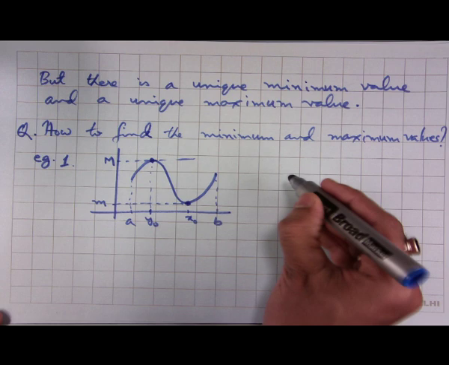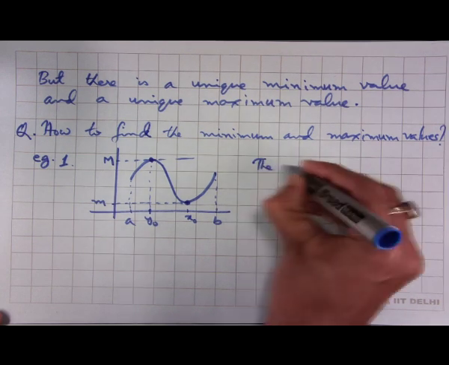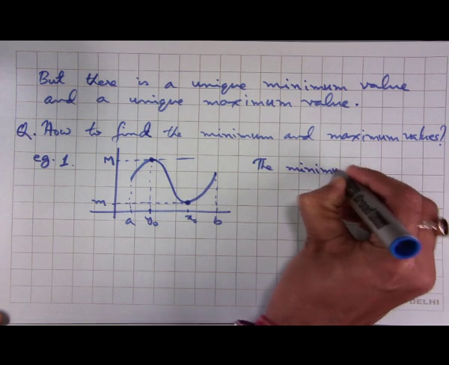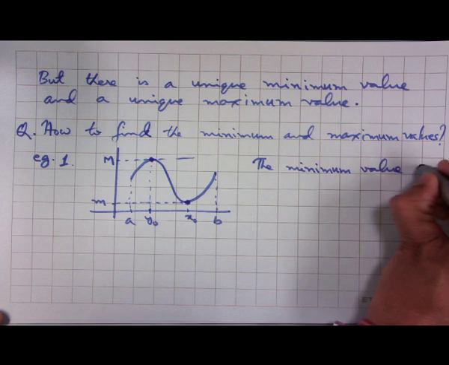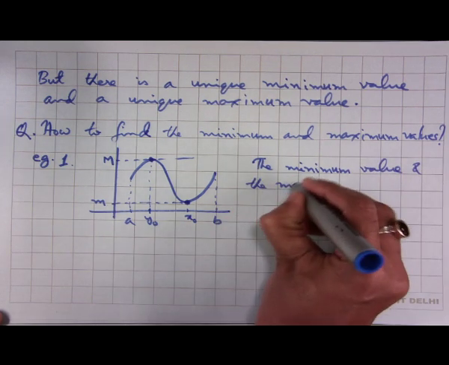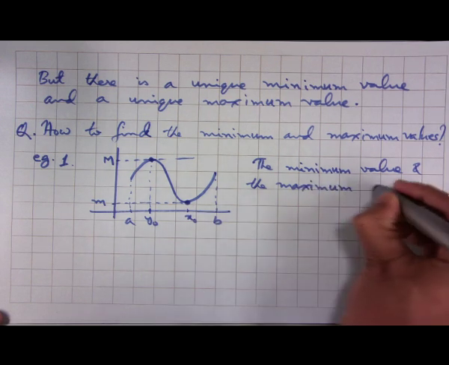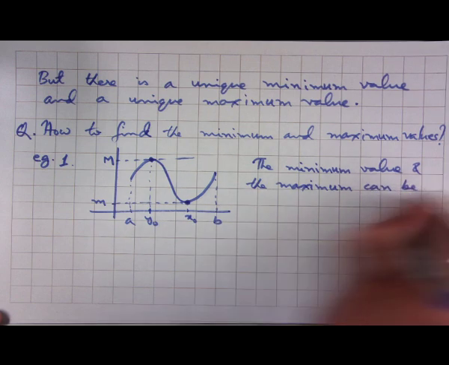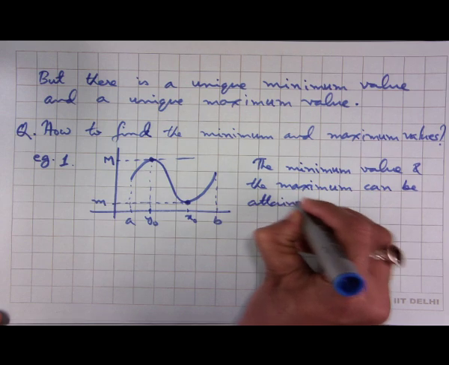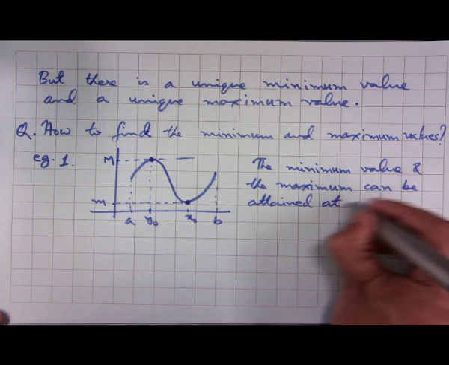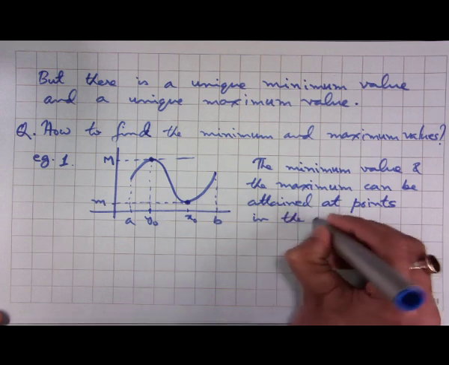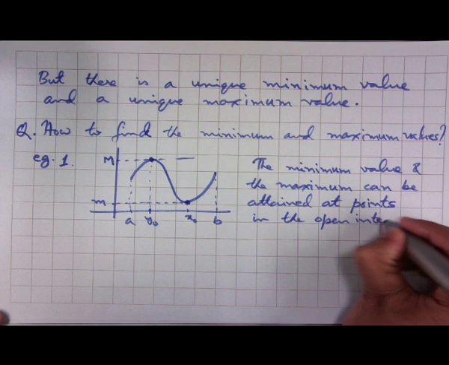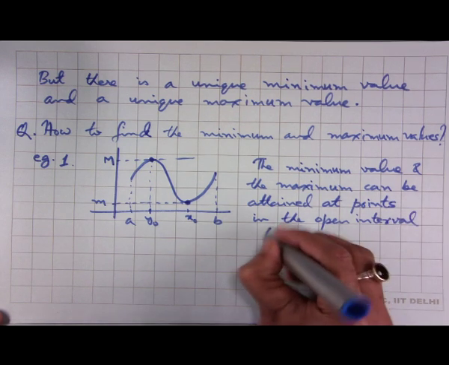So, in this example, the minimum value and the maximum value can be attained at points in the open interval (a, b).